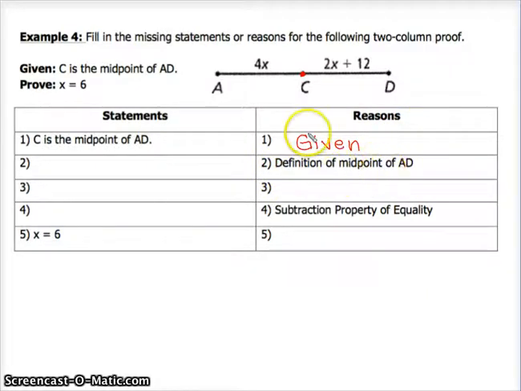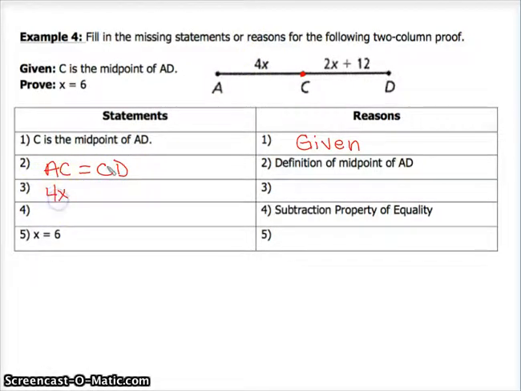All right, so what potential statement could we make? Well, because C is the midpoint, we now know that AC is equal to CD. All right. Reason being, that's the definition of midpoint. Okay. Now, because AC is equal to CD, we now know that these expressions are equal to one another.